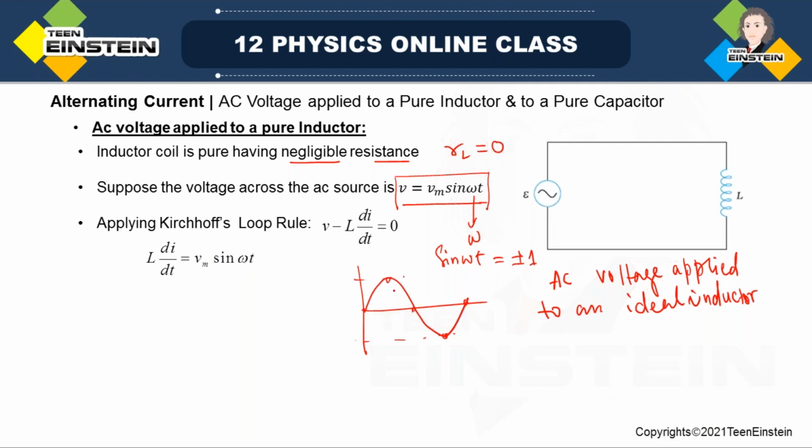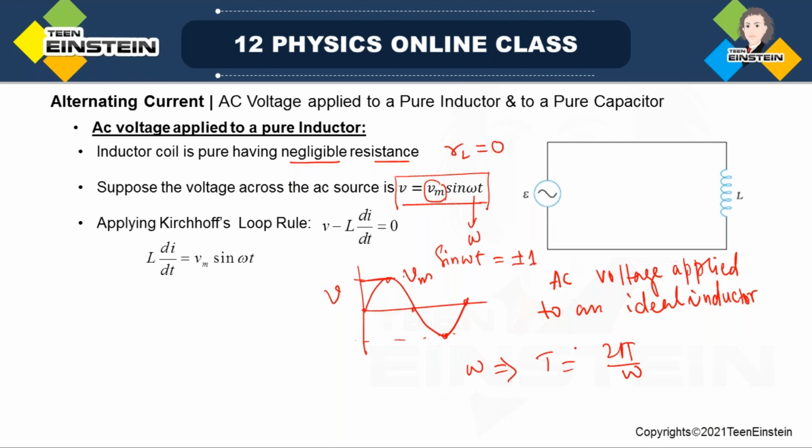Okay, so that's how the voltage in this circuit will be varying. The maximum amplitude is called Vm here. So this Vm is the amplitude of this applied voltage. Omega is the frequency of oscillation. If you know the frequency of oscillation, you can find out the time period of this oscillation, that is 2 pi by omega.